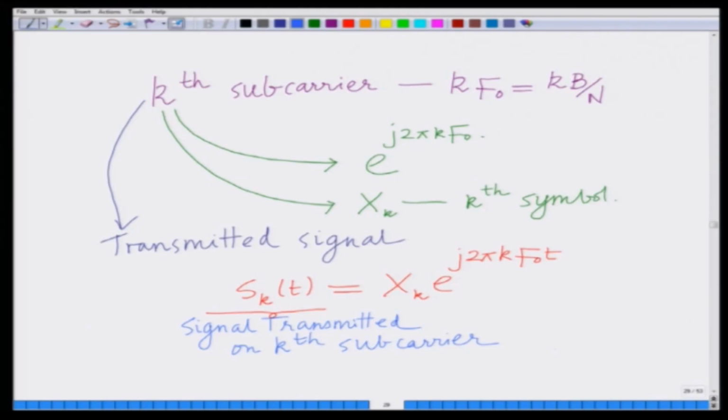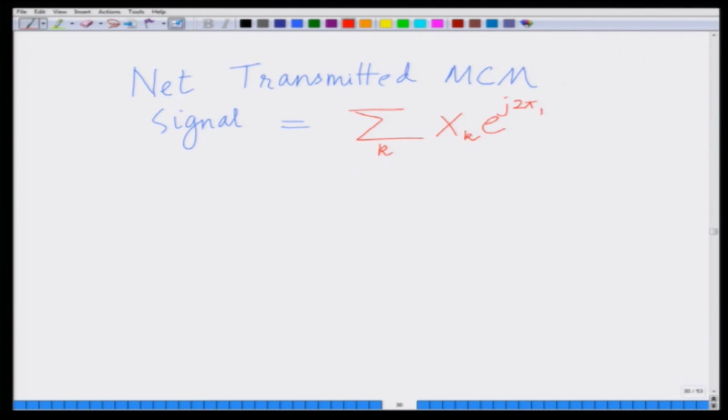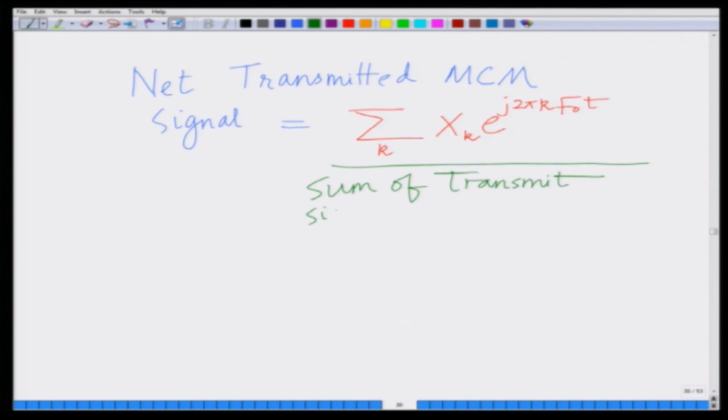So, the net transmitted multi-carrier modulated MCM signal is given by the sum of the transmitted signals across all the N subcarriers.